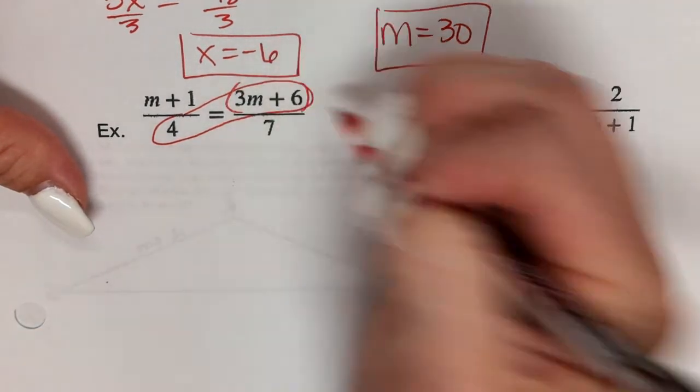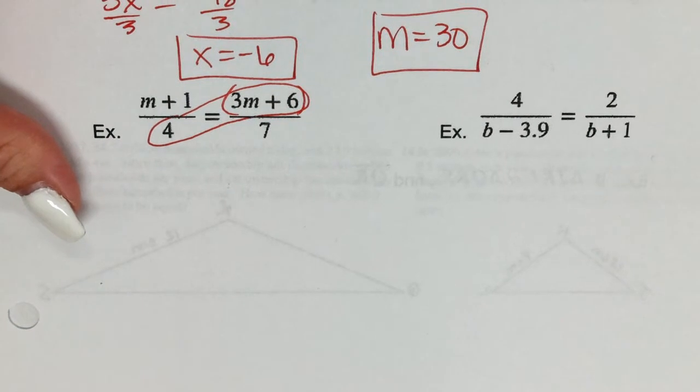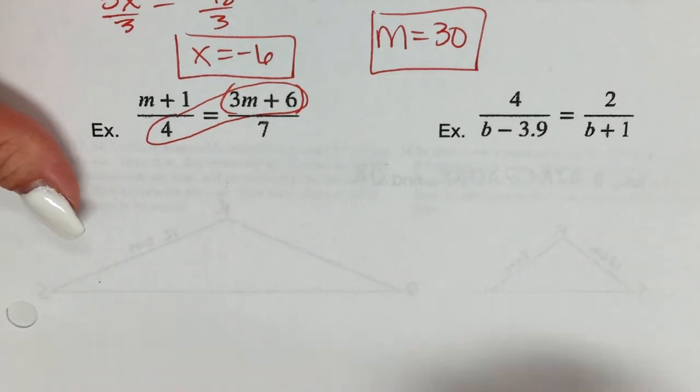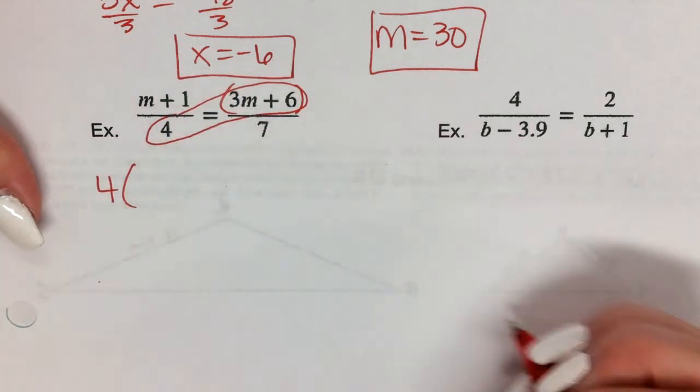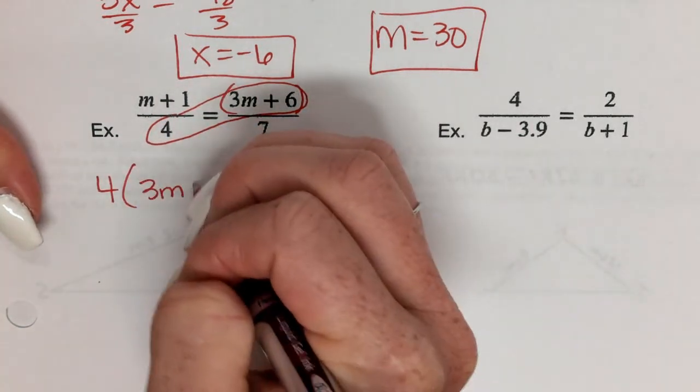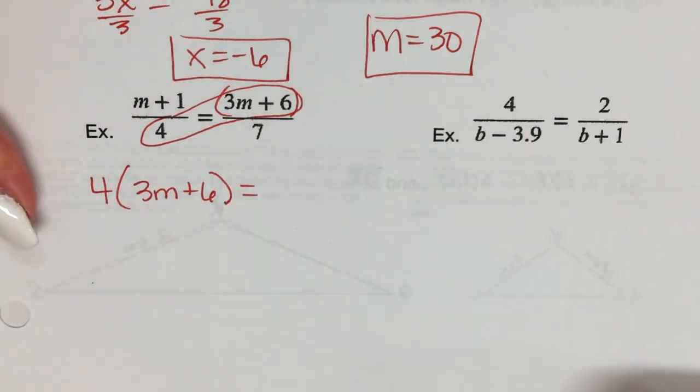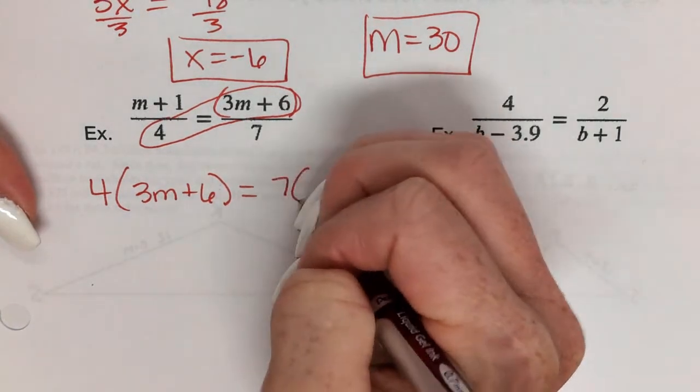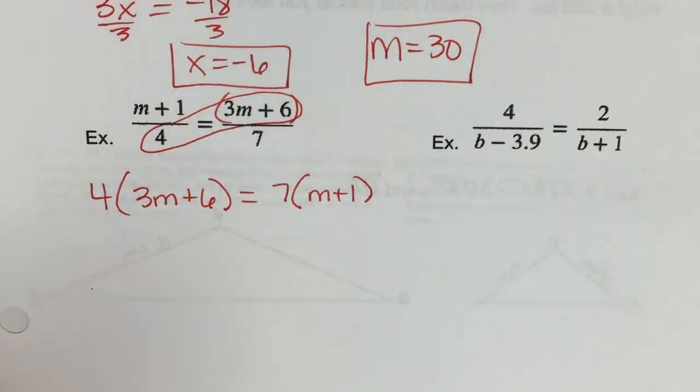If I don't put parentheses, the whole thing is going to be wrong. So I'm doing 4 times everything, 3m plus 6. And then I'm going to do 7 times all of that. So I must put the parentheses. If I don't, I have missed the whole thing.